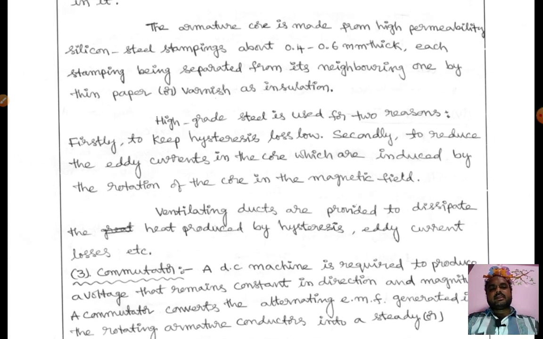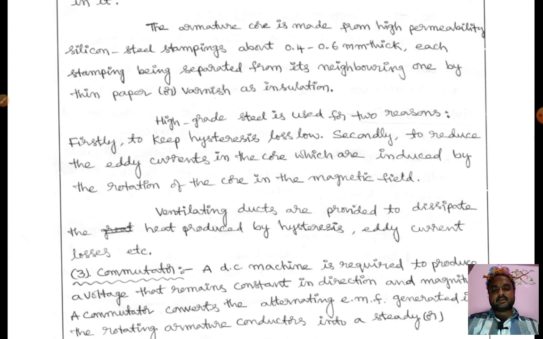The armature core is made of high permeability silicon steel stampings about 0.4 to 0.6 mm thickness. Why? To reduce the eddy current losses, we are laminating the core with silicon steel stampings. High grade silicon steel is used for two reasons.